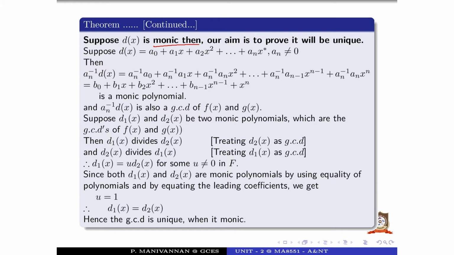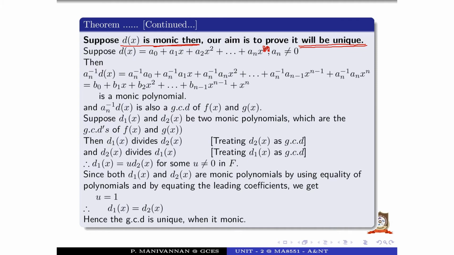What is the other condition? The last condition is if it is monic, then it will be unique. If GCD is monic, then the GCD is unique. Suppose d of x equal to a0 plus a1x plus a2x square plus etcetera, an x power n, with an not equal to 0. Then multiply this term by an inverse.